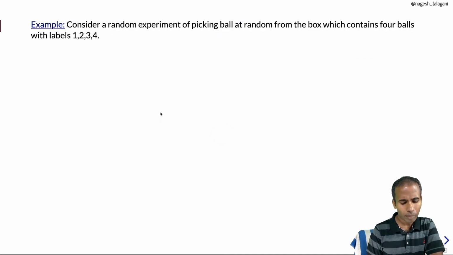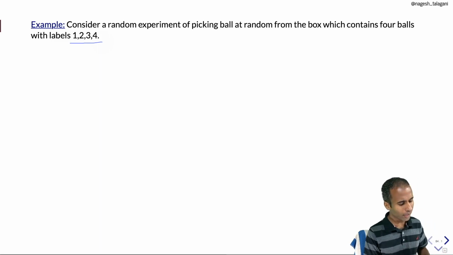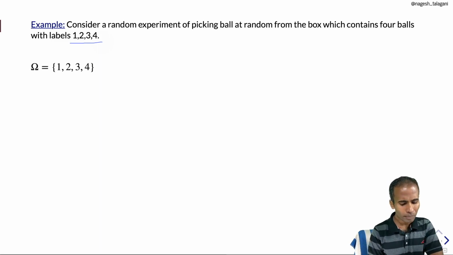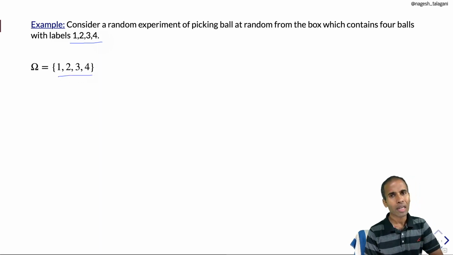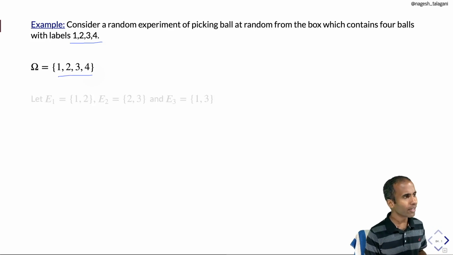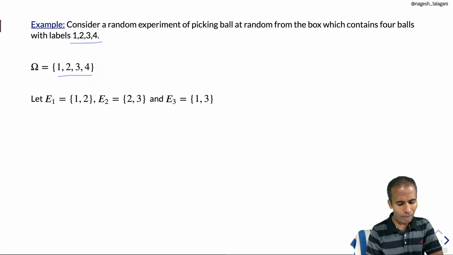Here is an example. Consider a random experiment of picking a ball at random from a box which contains 4 balls with labels 1, 2, 3, 4. So the sample space has the 4 outcomes 1, 2, 3, 4. Let us consider 3 events E1, E2, E3, where E1 is the event consisting of the 2 outcomes 1 and 2.